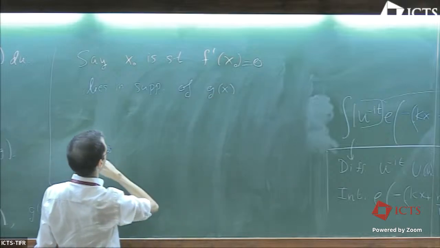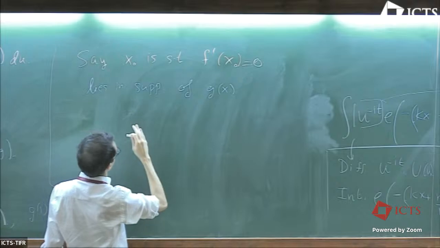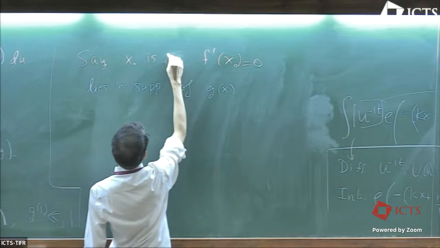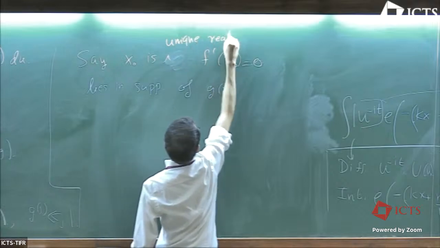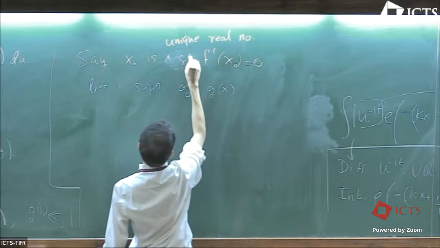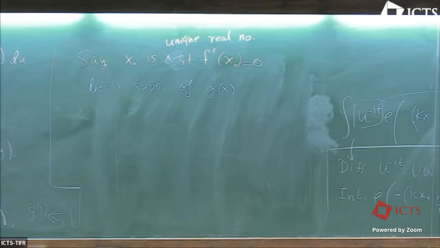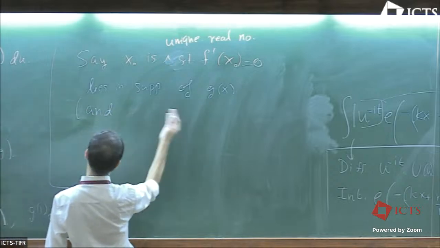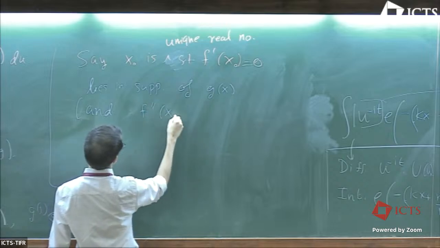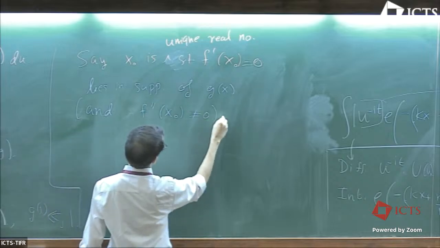Or, to be even simpler, let's say x naught is the unique real number such that the derivative vanishes at this point. Right, so this is the stationary point. Then, and again a simplifying assumption, the second derivative is not 0.